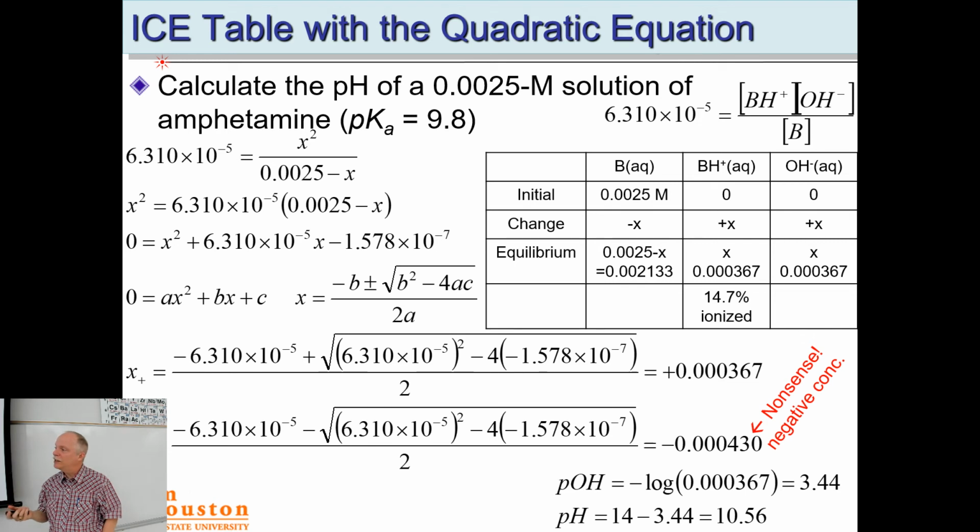Many times we're dealing with buffered pH. So buffered pH means we're controlling the hydroxide or the acid concentration, the hydronium ion concentration. And so we would have a number here, an OH number here, if this was buffered.